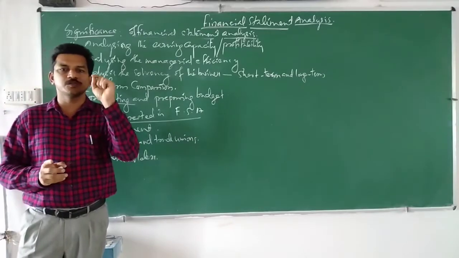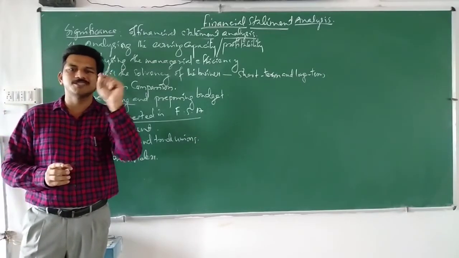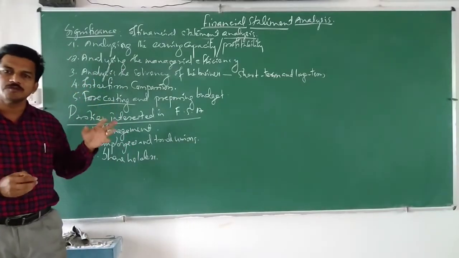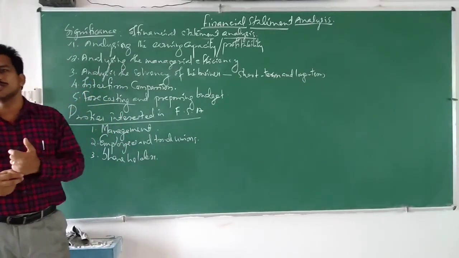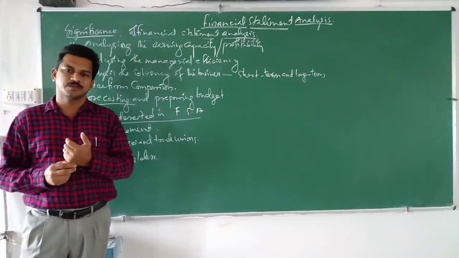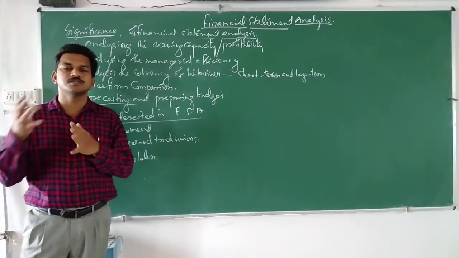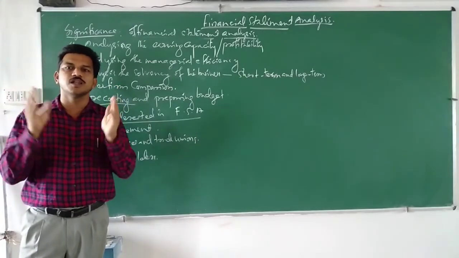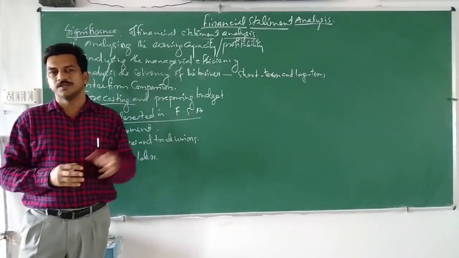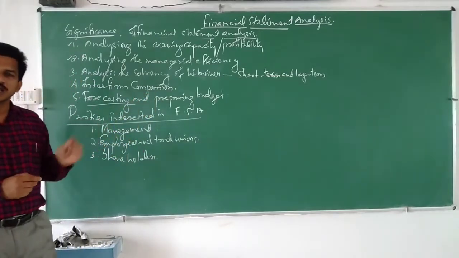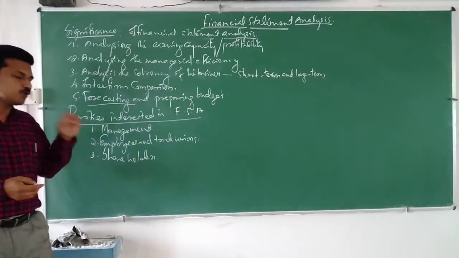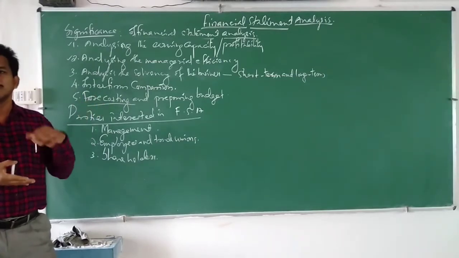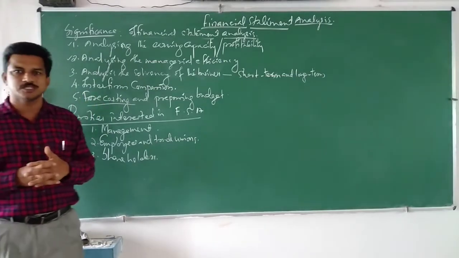What is the profit or percentage of profit for each share? So, in order to calculate that, we will make a ratio, that is earning per share. With the ratio analysis, we will calculate it. So, how much benefit a shareholder will get from a share? That can be identified with the help of ratio analysis. So, shareholders also will look into the financial statements, and they also will be interested to analyze that.